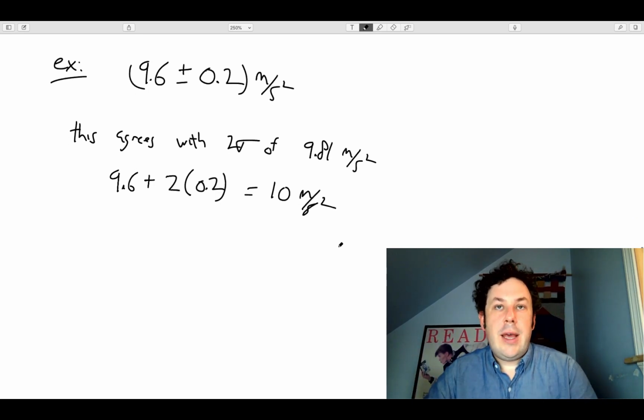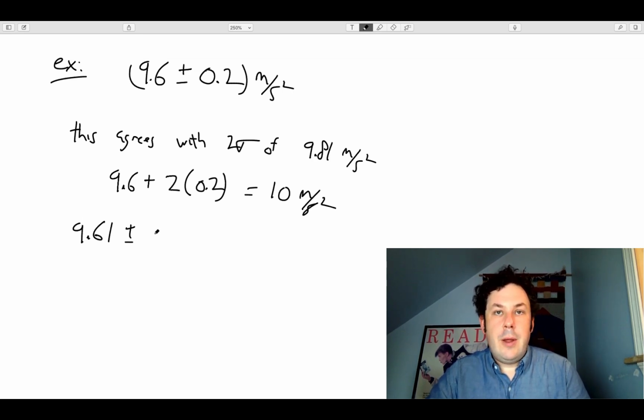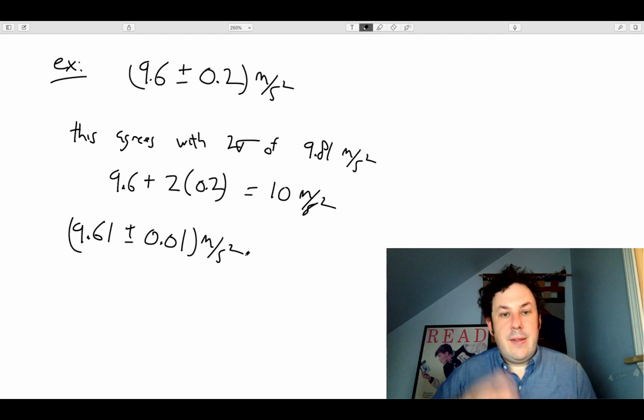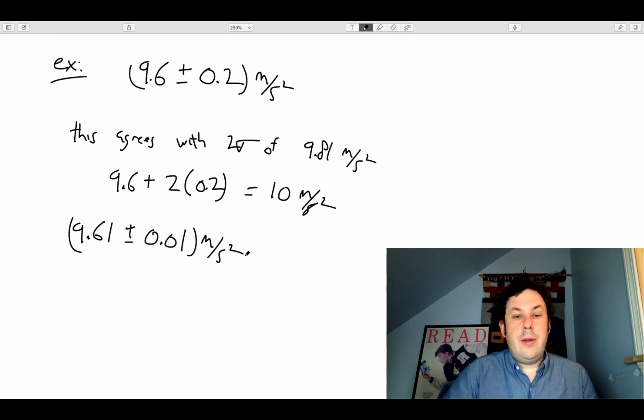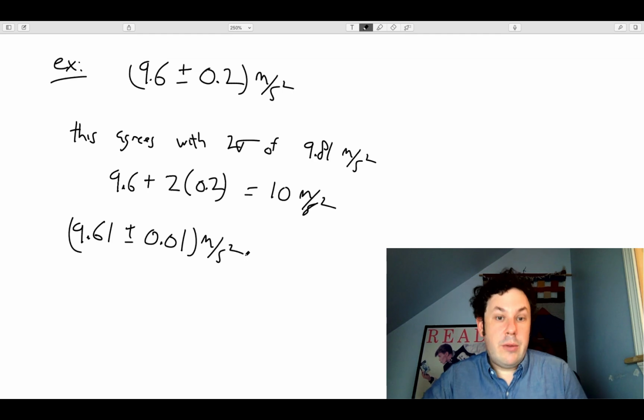If, on the other hand, you had 9.61 plus or minus 0.01 meters per second, let's say this is your result from your measurement. This does not agree within 2 sigma.